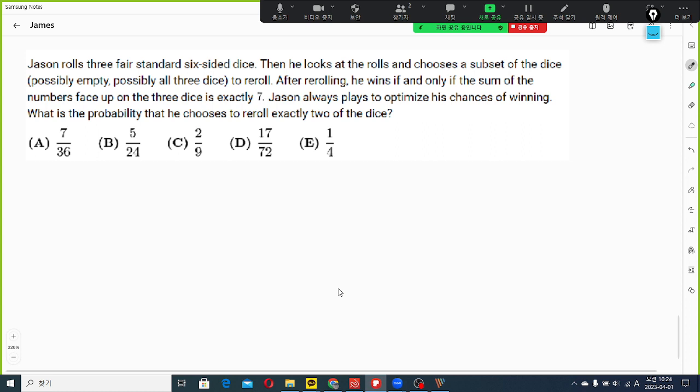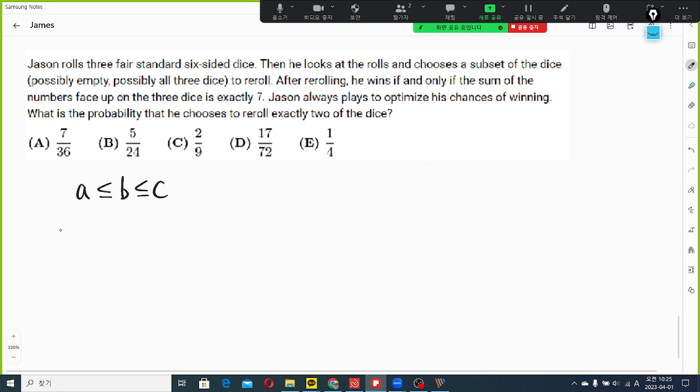Well, let me try. So there are three numbers from dice. Let's say the numbers are A, B, and C, and the domain in this case is 1 through 6.